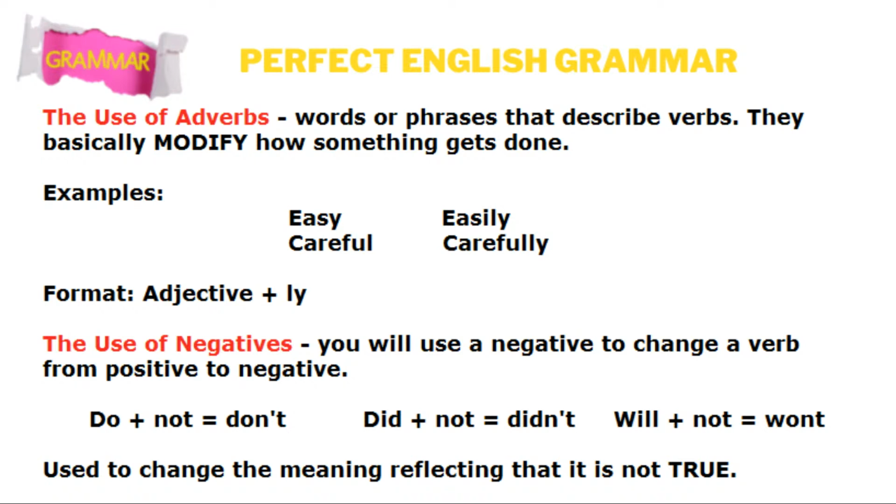As you can see, the adjective plus ly, depending on the usage. With respect to the use of negatives, you will use a negative to change a verb from positive to negative with a plus not. So do plus not is don't, did plus not is didn't, will plus not is won't. The use of negatives is used to change the meaning, reflecting that it is not true.